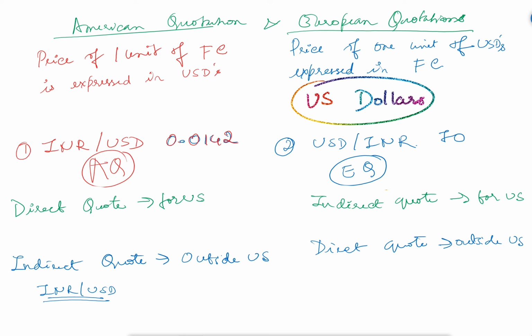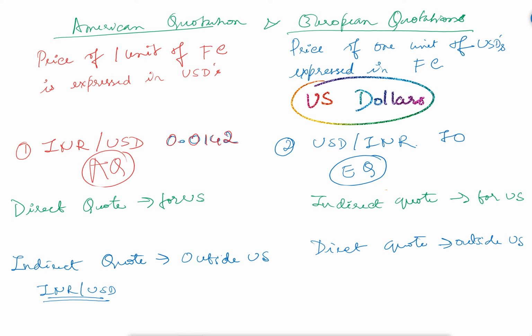If you go to the second quotation here, USD INR 70, to classify USD INR as an indirect quote for US, USD should be in the base position as a domestic currency. It becomes an indirect quote. Moreover, it is also a European quote because USD is in the base position. Therefore, European quotation is always an indirect quote for US.